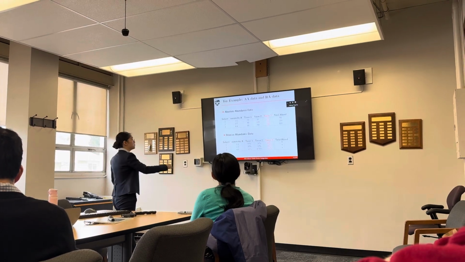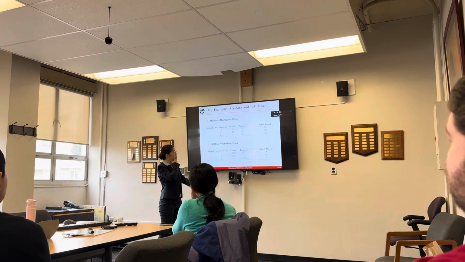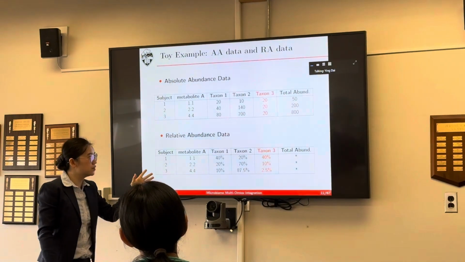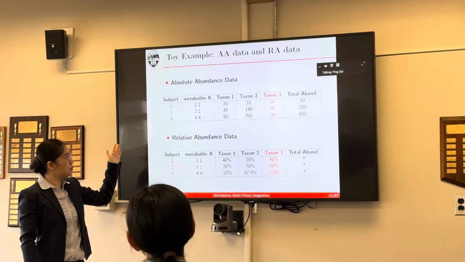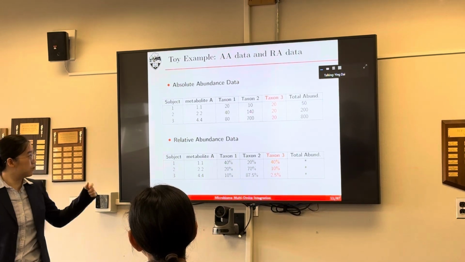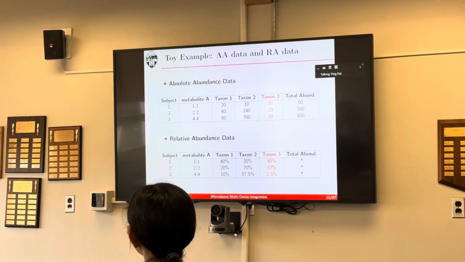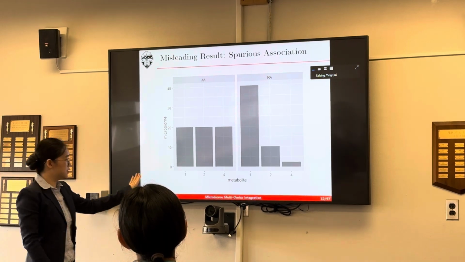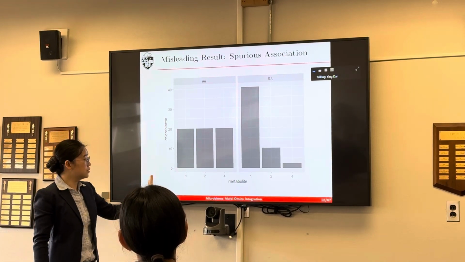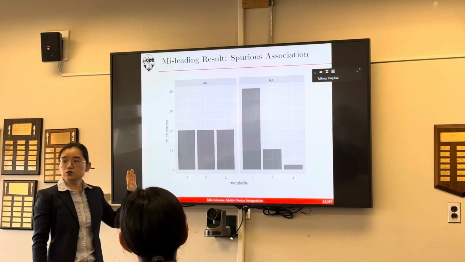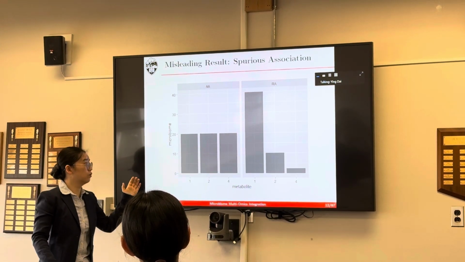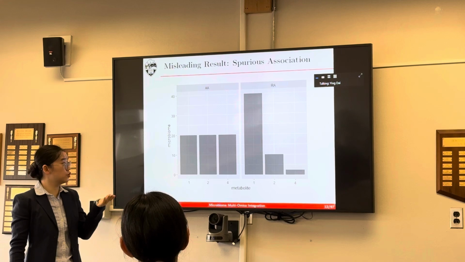Let's focus on taxon 3 for this example. It is very easy to see that taxon 3's abundance is the same across all the subjects in absolute abundance, but it's different in RA. To better visualize this, as metabolites go up, if we use the absolute abundance, the microbiome taxon counts do not change at all.